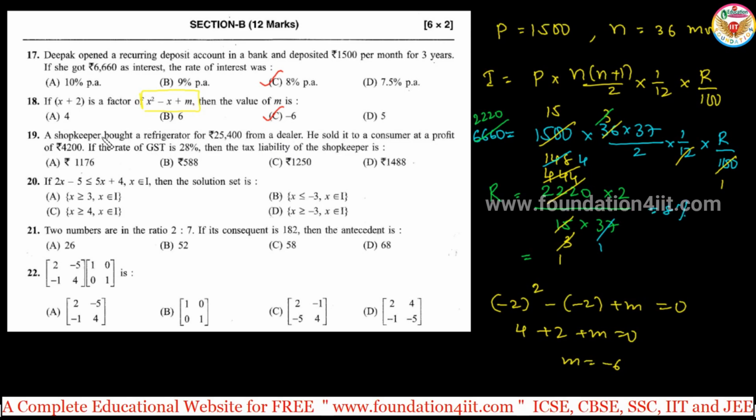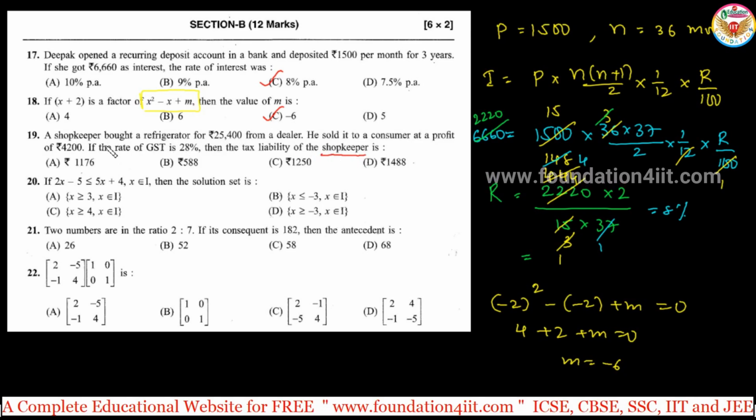This one: a shopkeeper bought a refrigerator for 25,400 from a dealer. He sold to the consumer at a profit of 4,200. The GST is 28%. Then the tax liability of the shopkeeper. Shopkeeper tax liability is asked. So no need of how much he purchased, how much he bought is given. Just what is the profit he got. He sold to the consumer at a profit of 4,200.